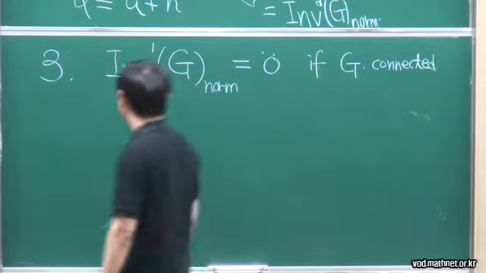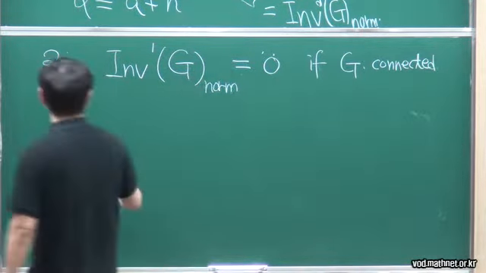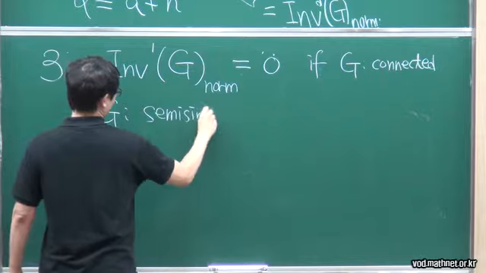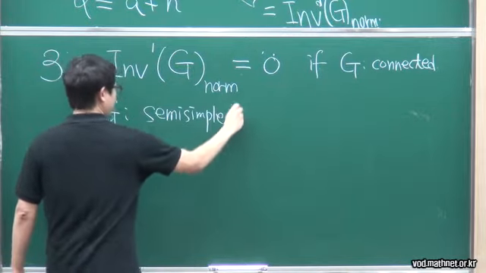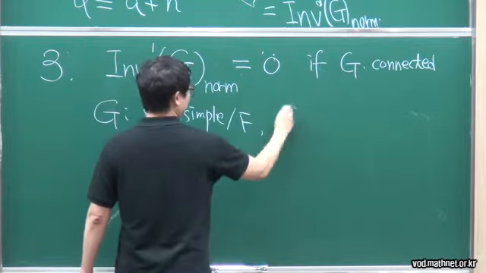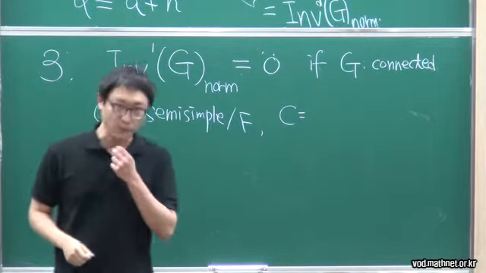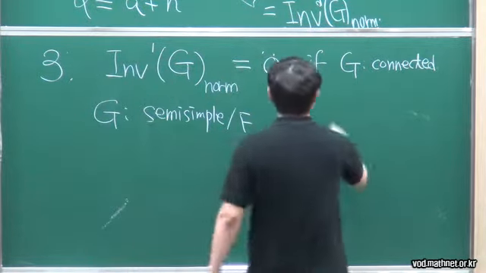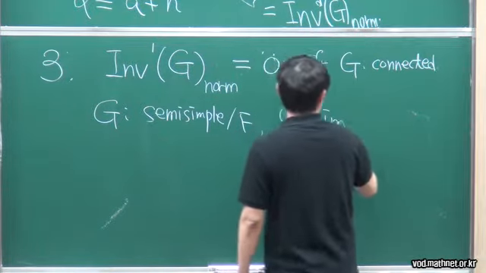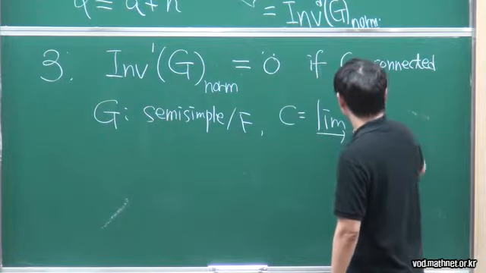And when G is a semi-simple group, we consider the group of all nth roots of unity, mu_n.